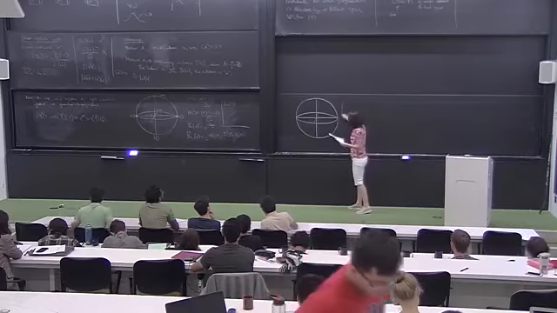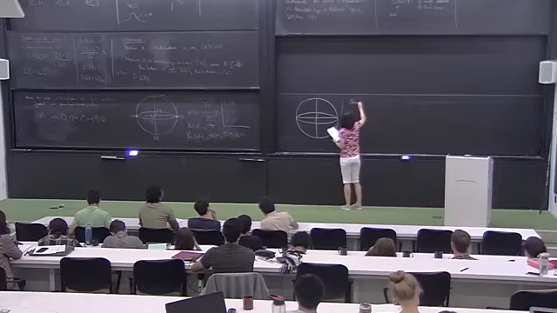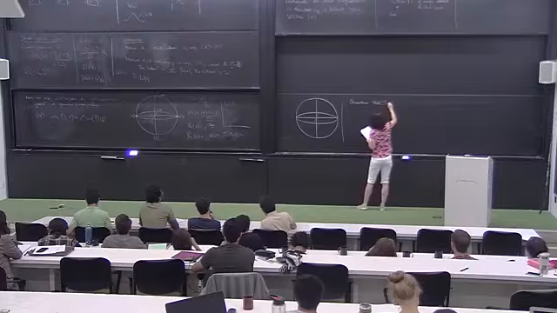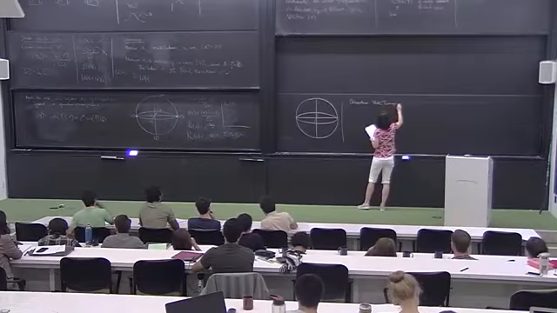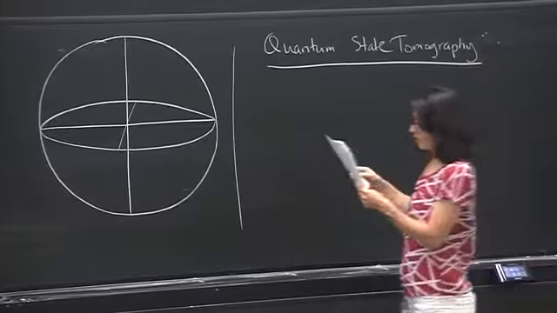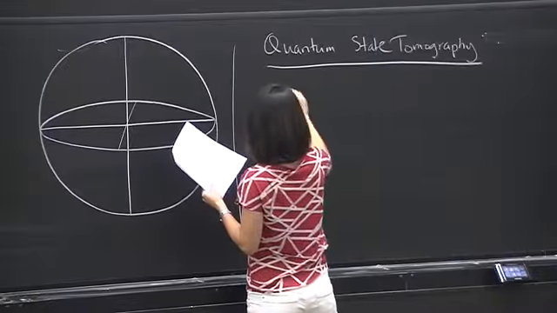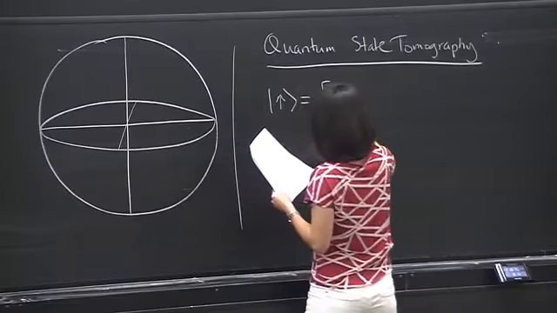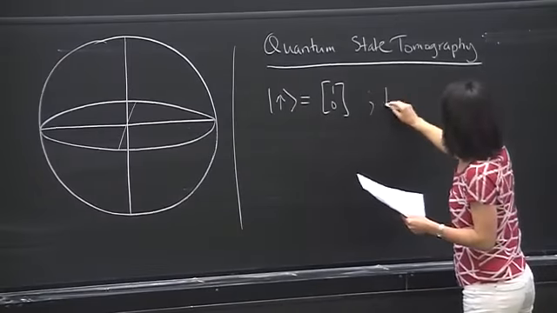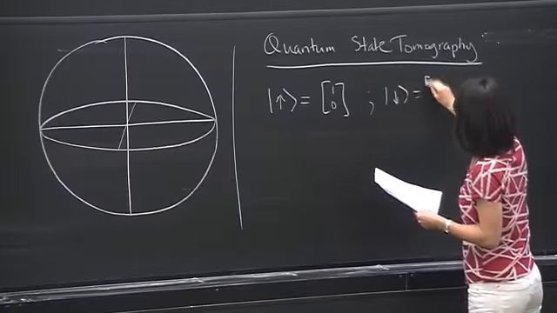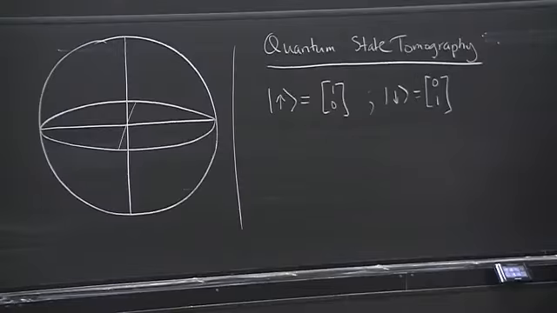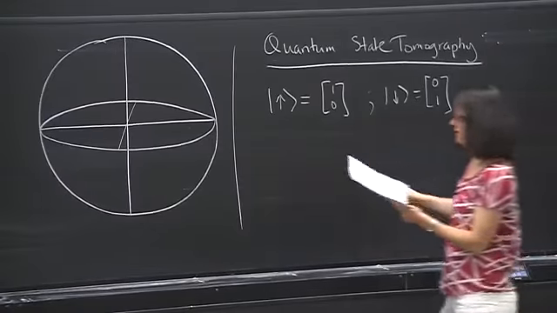I'm going to define the kets. Up is going to be a two-dimensional vector like this, and down is a two-dimensional vector like that. And I'll just remind you of what the Pauli matrices are.